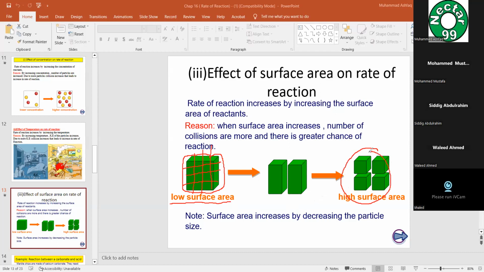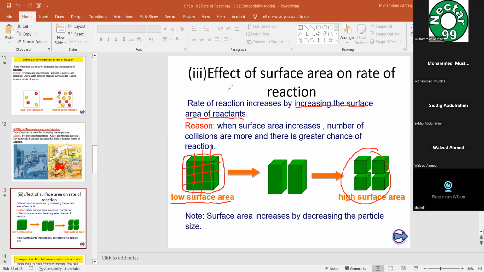When there is more surface area, the particles are more exposed and open to react with other particles. So the rate of reaction increases by increasing the surface area. You know very well how we can increase the surface area: we can divide or crush a particle and make it a powdered form. It is better for a reaction.